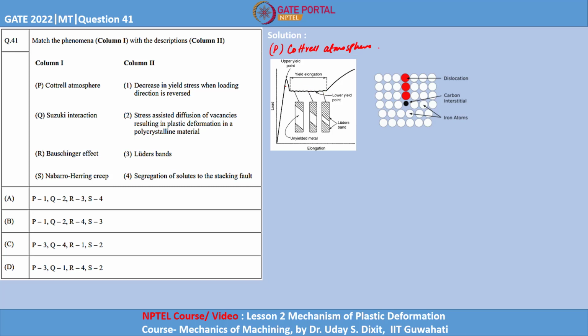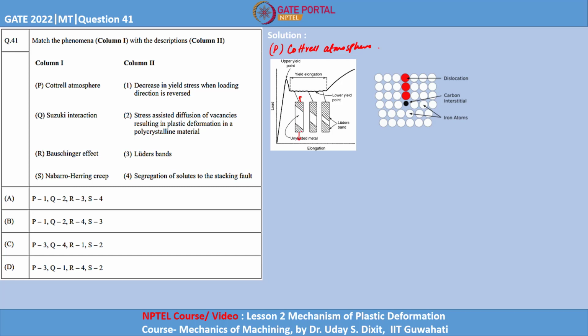In order to break the bond between this interstitial carbon atom and the extra half plane of iron atoms, we have to apply a very high stress, which corresponds to the upper yield point, and after that the bonds between the carbon atoms and iron atoms will break. During this constant load region, which is called yield elongation, bands will appear on your sample, and these bands will be inclined at 45 degrees.